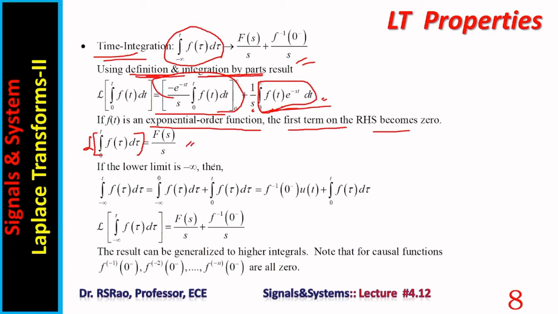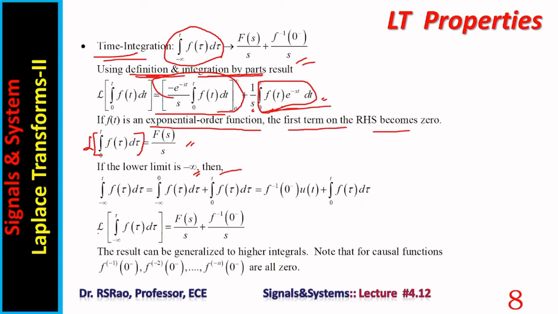F of s by s. If the lower limit is minus infinity, then integral minus infinity to t f of tau d tau becomes equal to integral minus infinity to 0 f of tau d tau plus integral 0 to t f of tau d tau. So f minus 1 of 0 minus, u of t, plus integral 0 to t f of tau d tau.